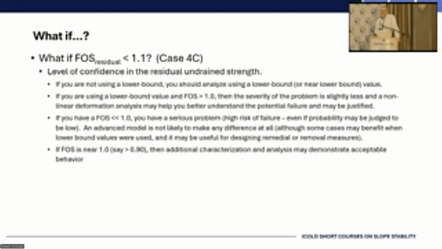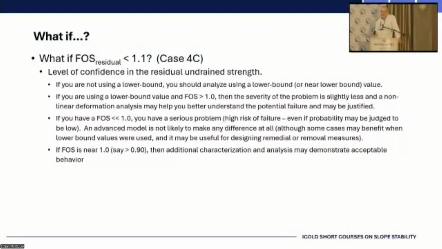We did have a couple of sections that were in the range of 0.9 to 1. If you're hovering around that factor of safety of 1, between say 0.9 and something less than 1.1, I think it's almost always justified to do more investigation and more advanced analysis.